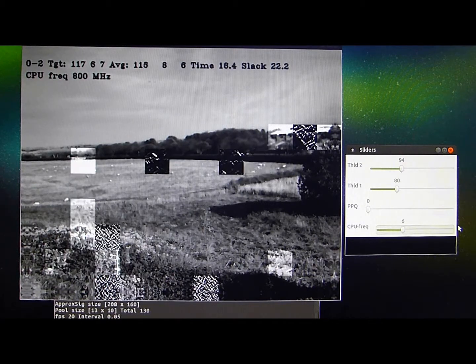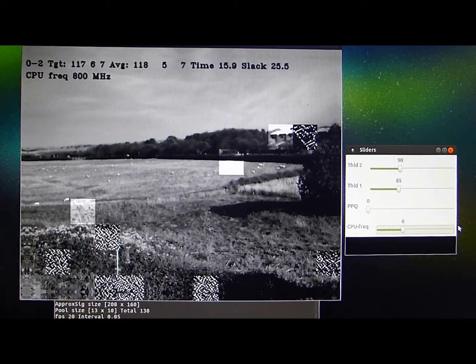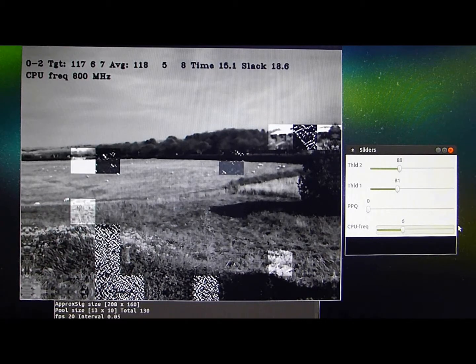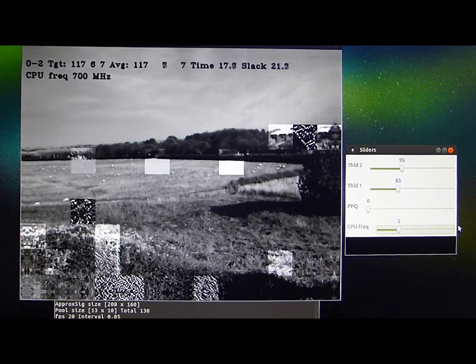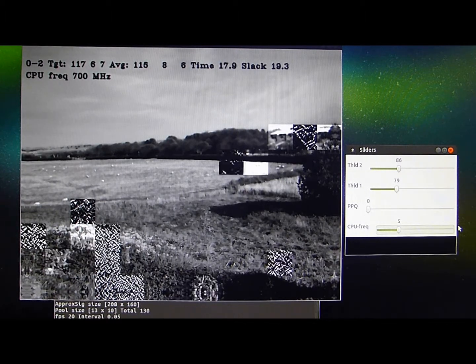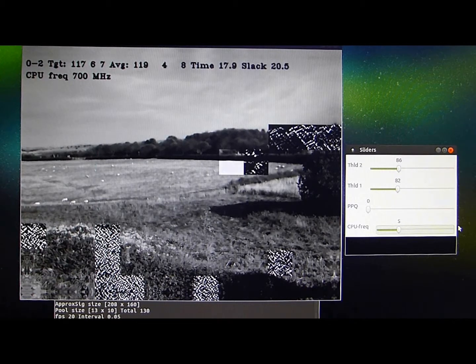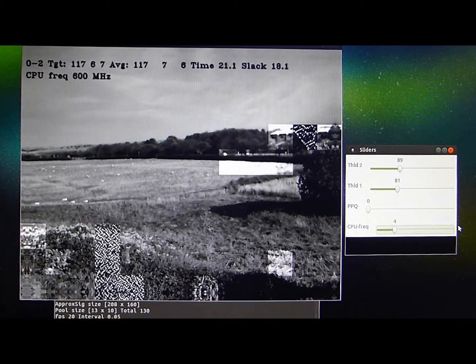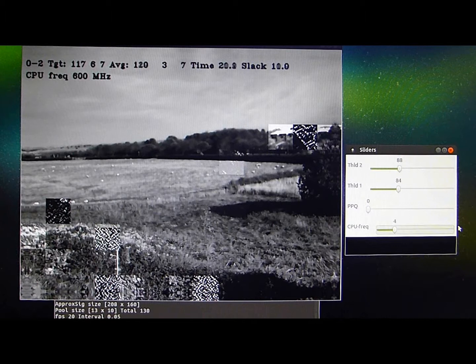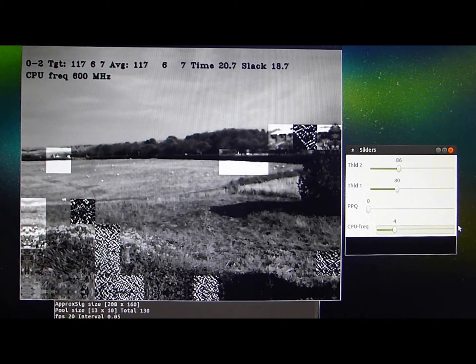Typically we can get down to about 600 megahertz without dropping frames, and it's still picking things up there, but it's ignoring all the sheep, well, most of them. Then we're at 700 megahertz down to 600 megahertz, and it's still running fairly well in real time.